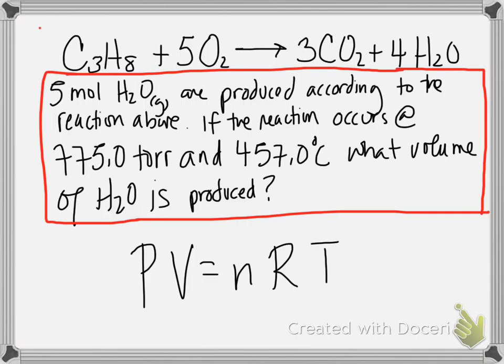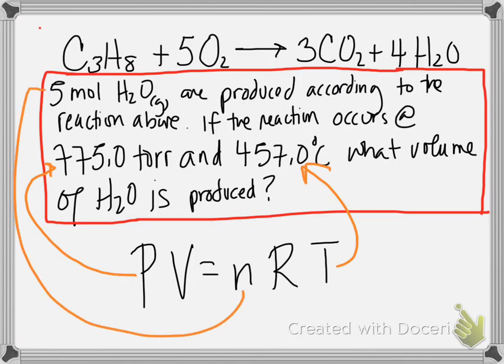So let's match these up. Is pressure specified? Yes. Right there. Is temperature specified? Yes. Right there. Are number of moles specified? Yes. Right there. What are we looking for? Volume.